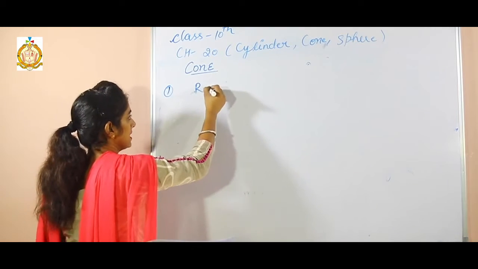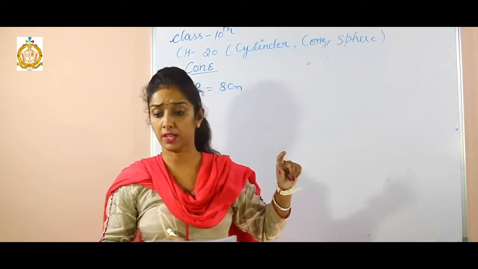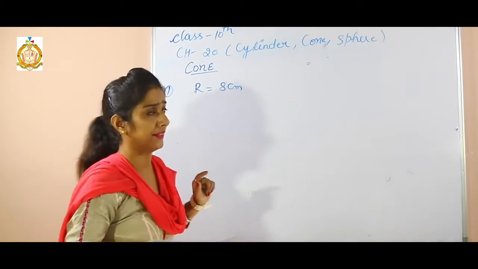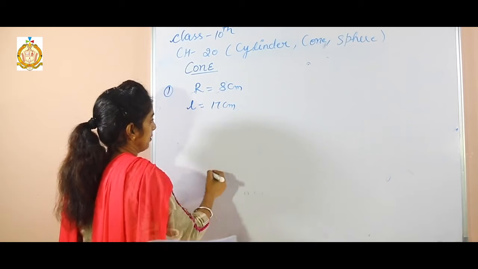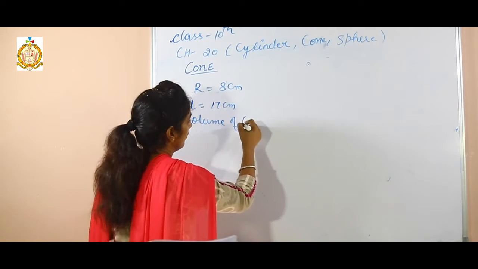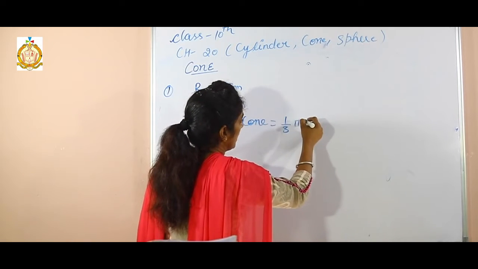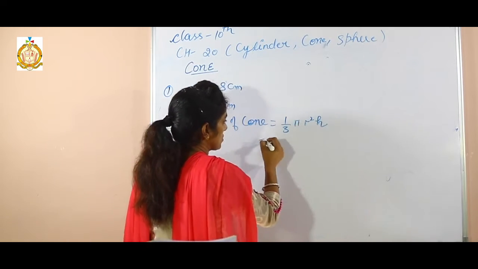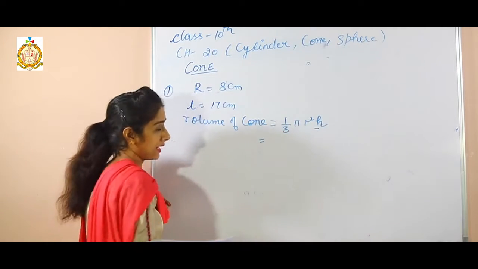Here radius is 8 centimeter and slant height, that is L, is given as 17 centimeter. Now what is the formula of the volume of a cone? That is 1 by 3 pi R square H.